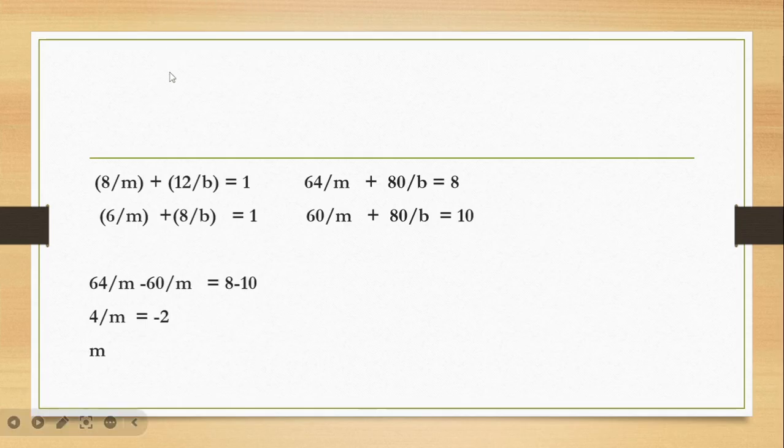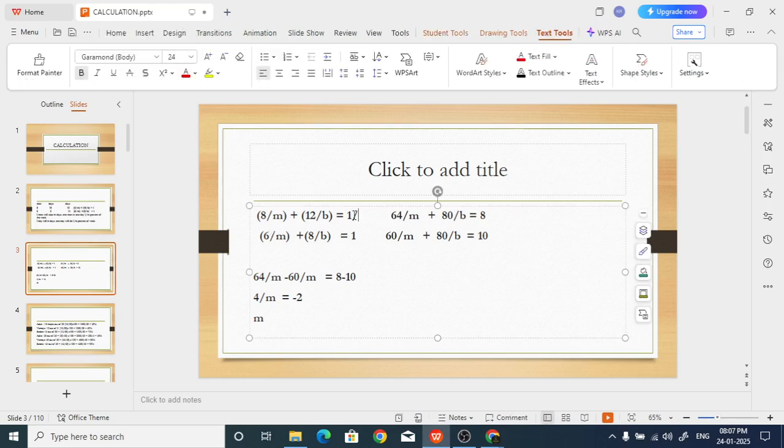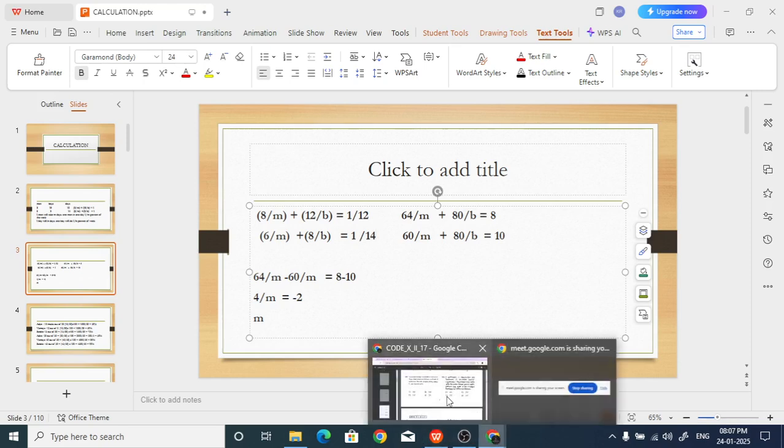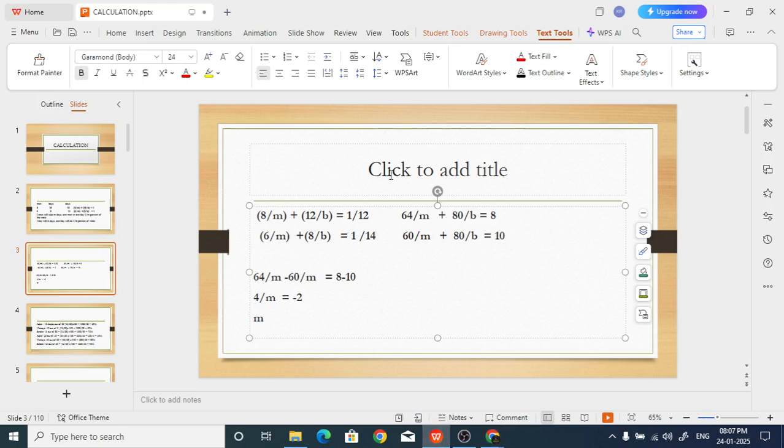Of course, this is 1 by 12 then. This is 1 by 14. 8 men, 12 boys will do it in 10 days, sorry, 10 days. This is 10.